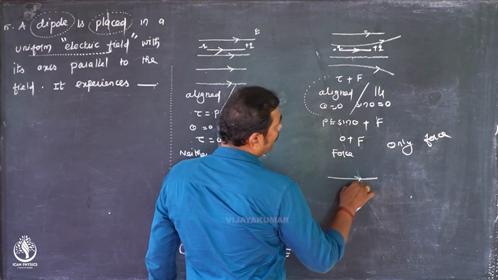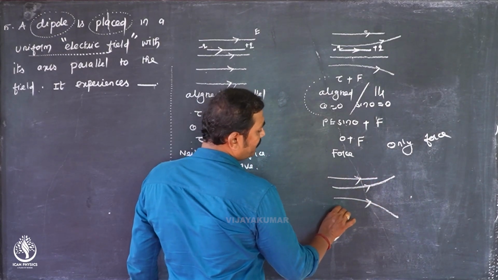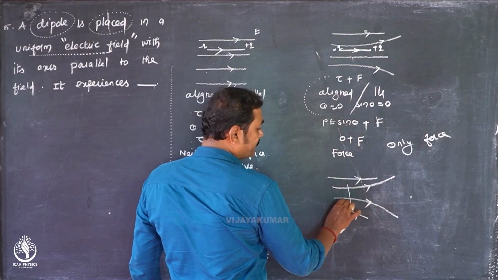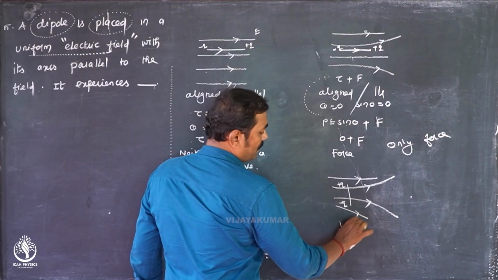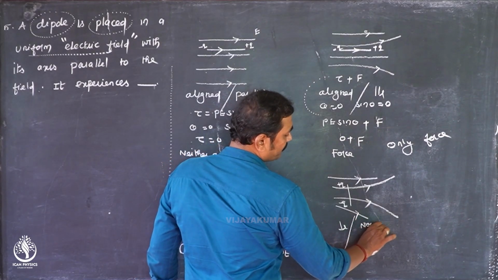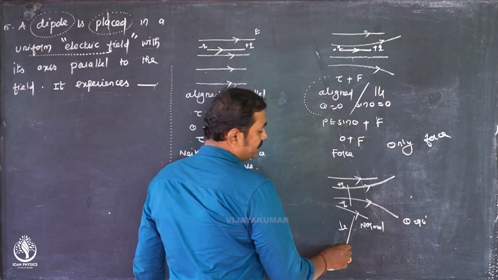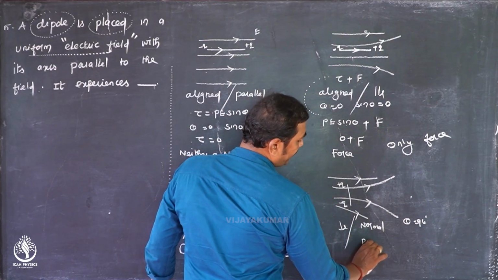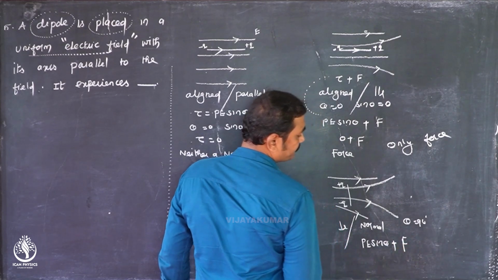In a non-uniform field, when it is kept perpendicular or normal, where it makes an angle theta of 90, then tau equals PE sin theta plus force.